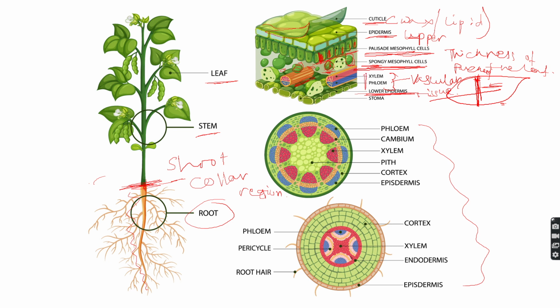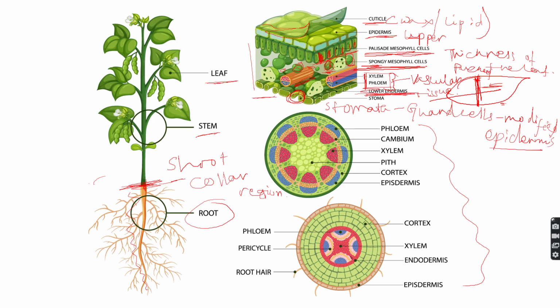Okay, so these are the vascular tissue. And about these tissues I have already explained in the plant tissue section. You can go and take a look at that. Next, beneath that there is the lower epidermis, and epidermis has some important structures called stomata, which are made up of guard cells. Guard cells are basically modified epidermis. Okay, so this is all about the leaf anatomy.